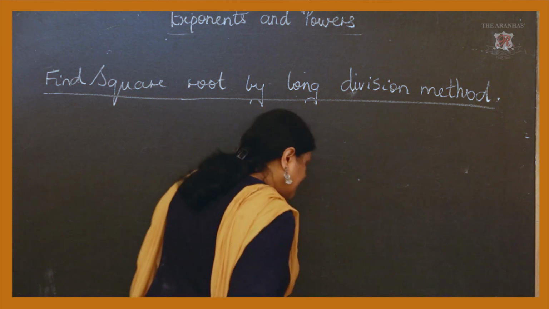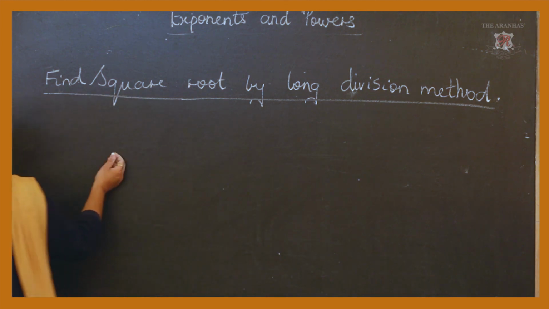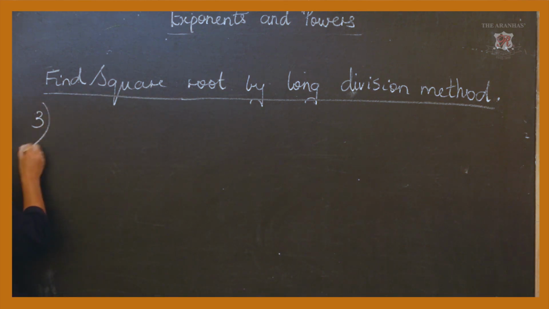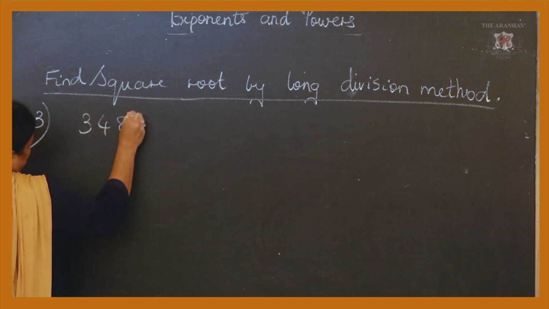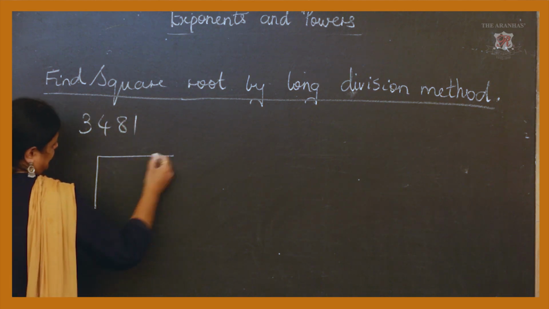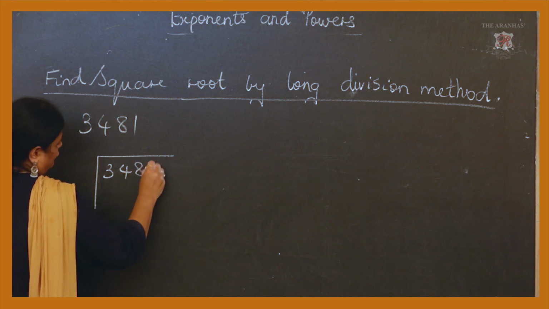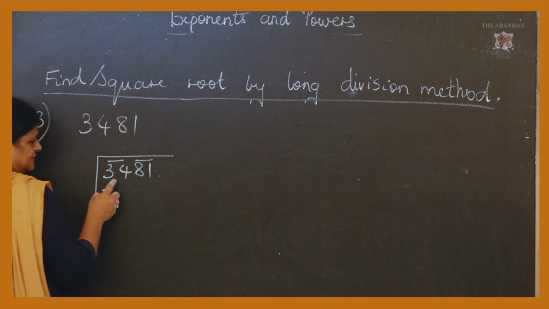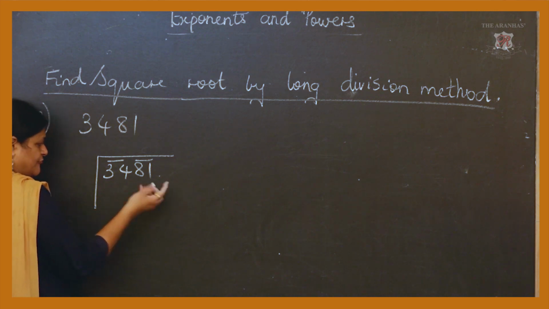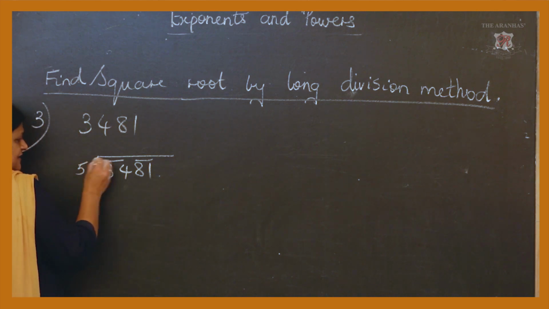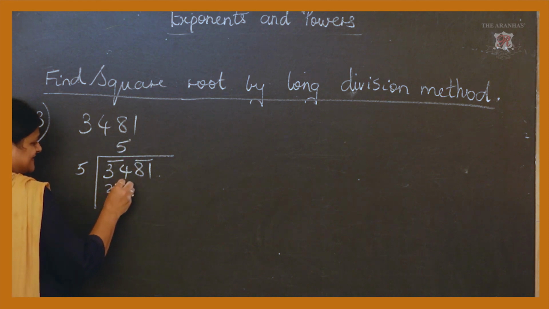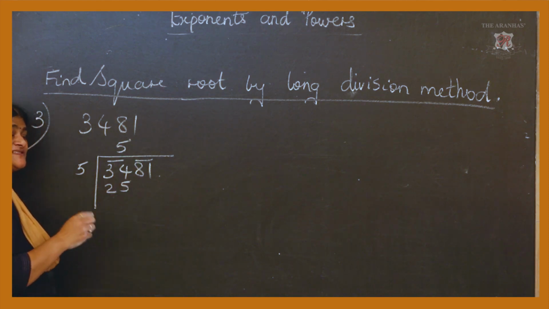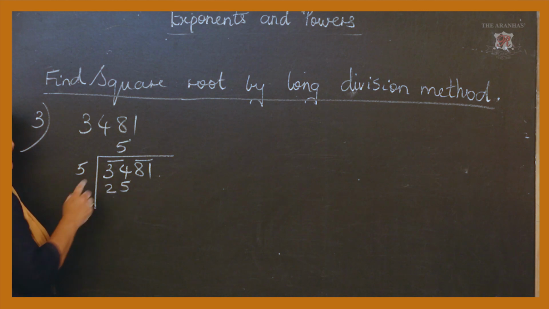Next, if we are taking the third one, we will take the sum 3481. So here you are going to take these two numbers and these two numbers. 5 5s are 25, because you cannot take 6, since 6 6s are 36 and here you have 34.